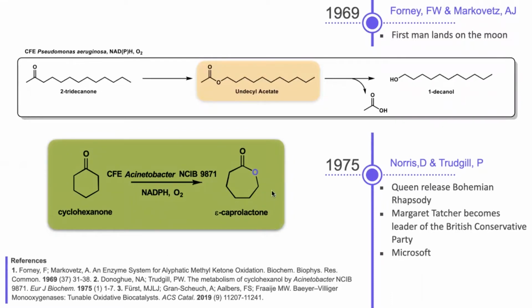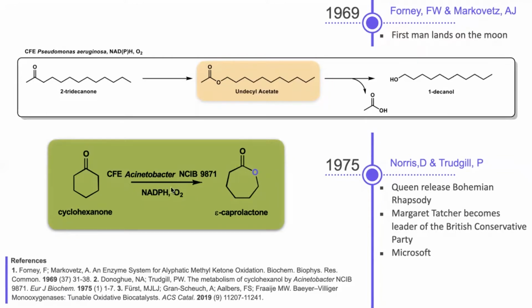This reaction is actually one of the most studied, or let's say the goal, in the field of Baeyer-Villiger monooxygenases, because caprolactone is the precursor of polymers like the well-known nylon 6. In this case, it was not a Pseudomonas strain but an Acinetobacter.